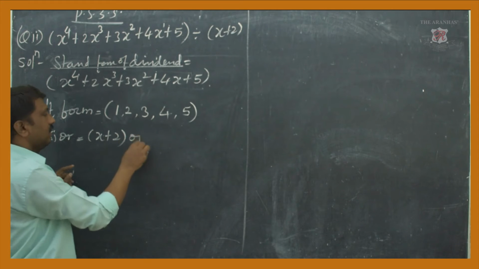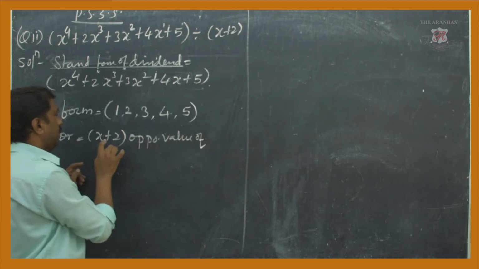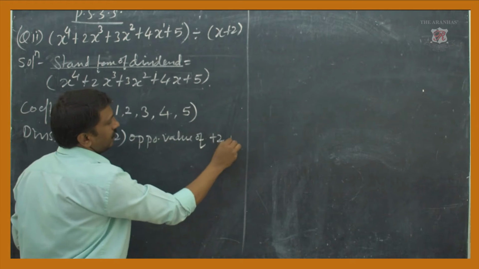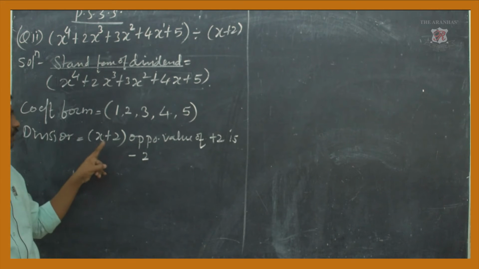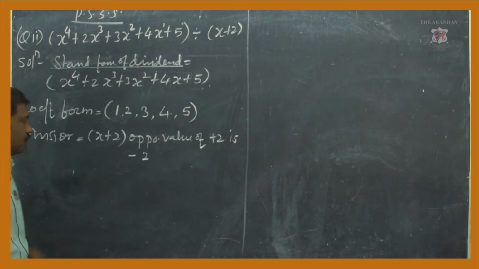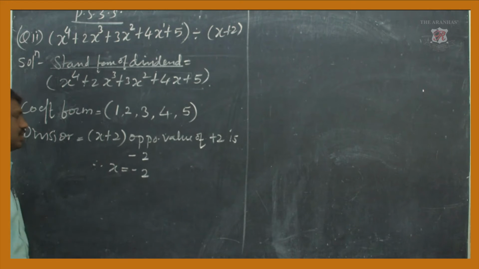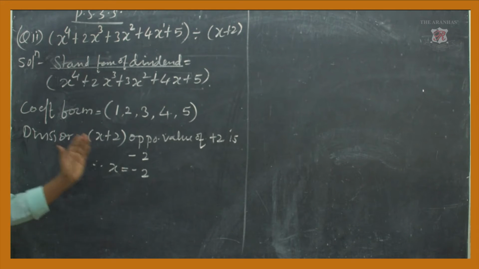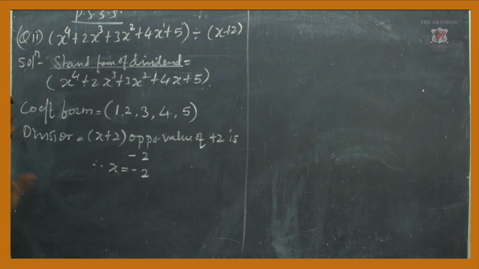The opposite value of plus 2 is minus 2, which means here the value of x is equal to minus 2. So, your divisor is minus 2, and then we can apply synthetic division.